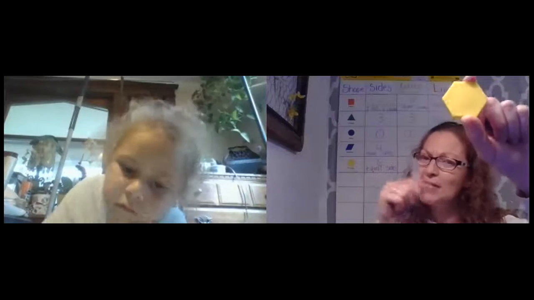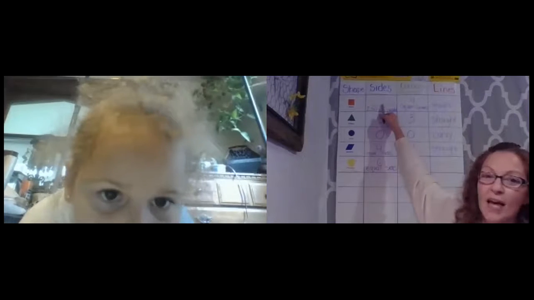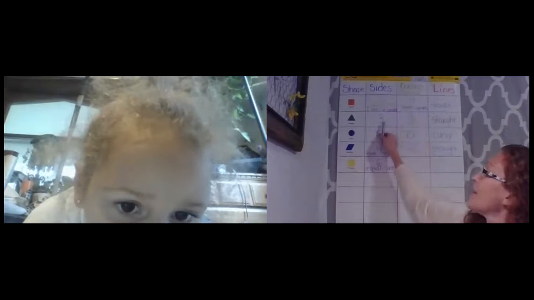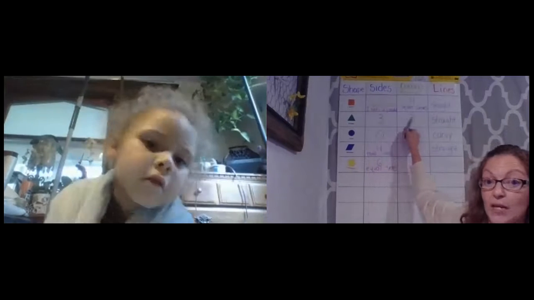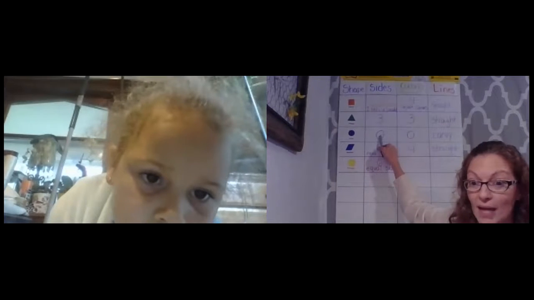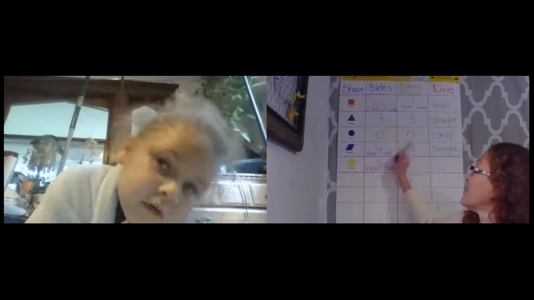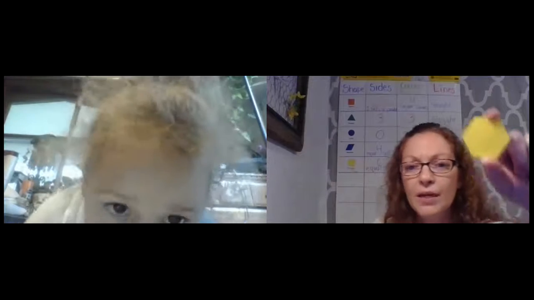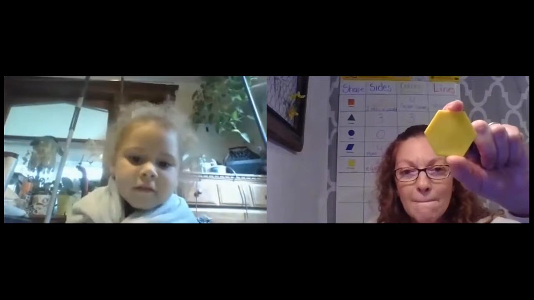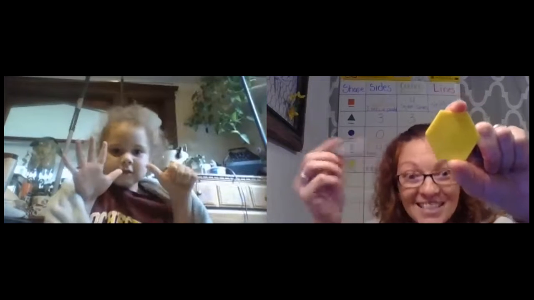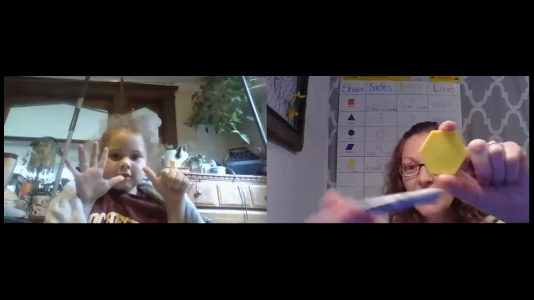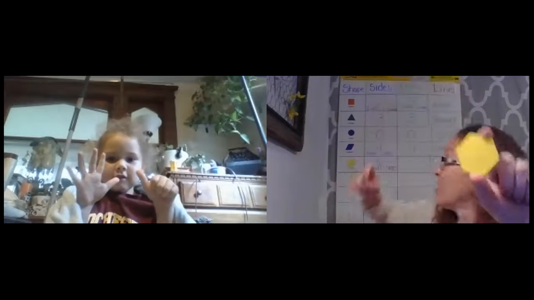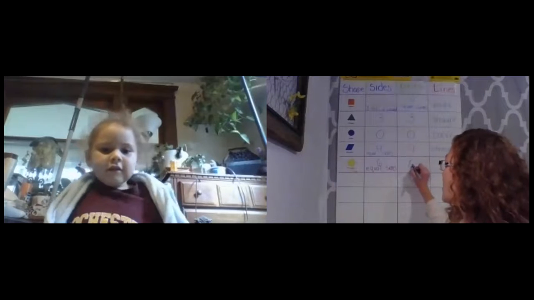All right. I'm noticing a pattern. If it has 4 sides, it has 4 corners. If it has 3 sides, it has 3 corners. 0 sides, it has 0 corners. So if it has 6 sides, how many corners do you think it's going to have? 6. 1, 2, 3, 4, 5, 6. 6 corners.